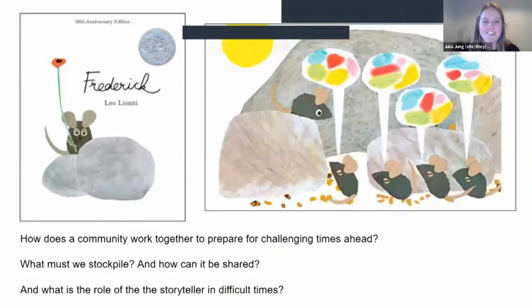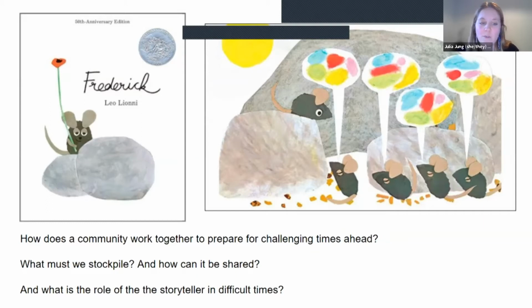So that's the little story of Frederick the mouse, which I think really brings out all these questions of what are the different ways in which a community can work together to prepare for challenging times? What are the things that we need to collect, and how can we share that, both in terms of resources, but also in terms of stories, knowledge, connections and relationships?